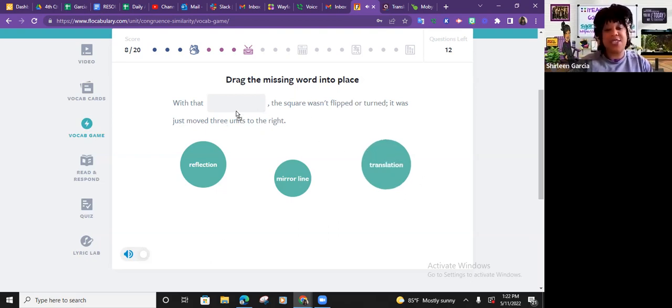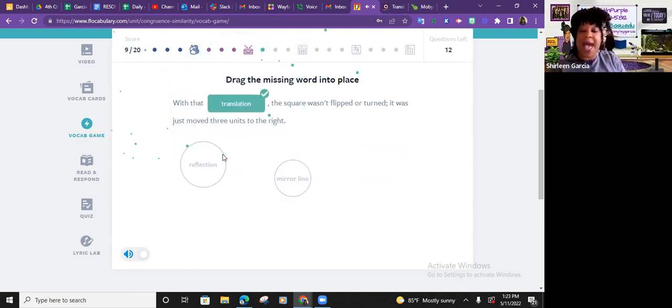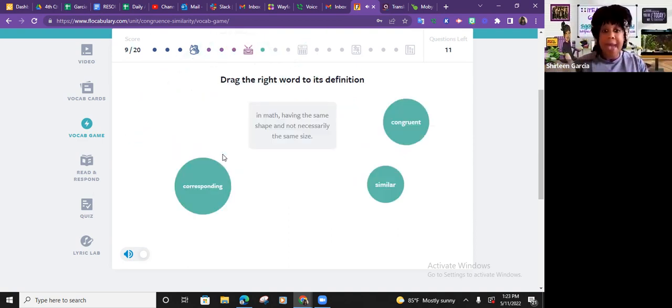Yes, translation has the SL for slide. Good job. In math, having the same shape and not necessarily the same size, is that congruent, similar, or corresponding?